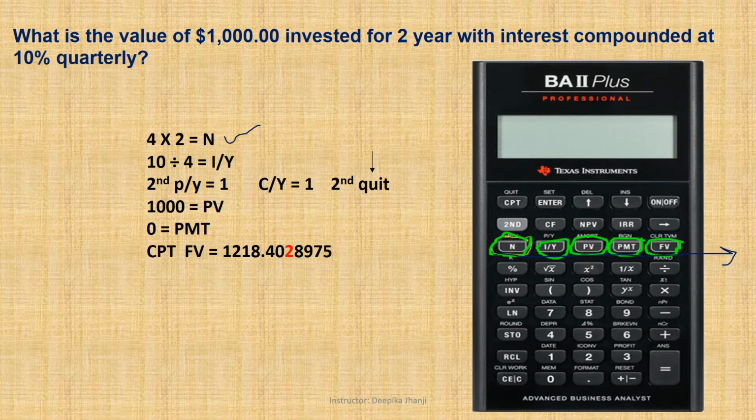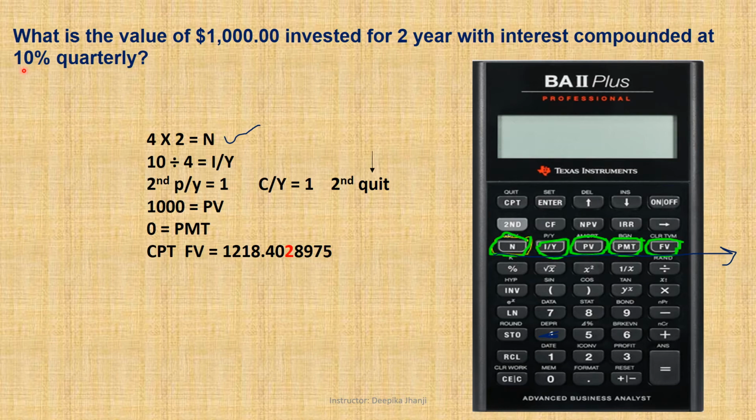This is how you can enter in your calculator. So you'll press 4 and then times 2 equals, your screen will display 8 and then you can enter n, right? So that is how you input n.